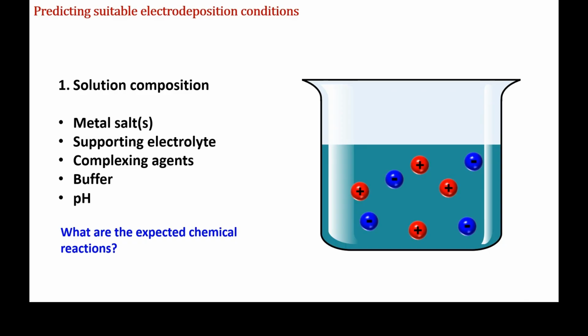Then you need to consider what pH you're going to tune your solution to. pH is a very big factor for any electrochemical reaction, and I'll explain why that is. You might need a buffer to stop any pH changes that occur during electrochemical reactions from influencing those same reactions, so that you don't have non-constant conditions.